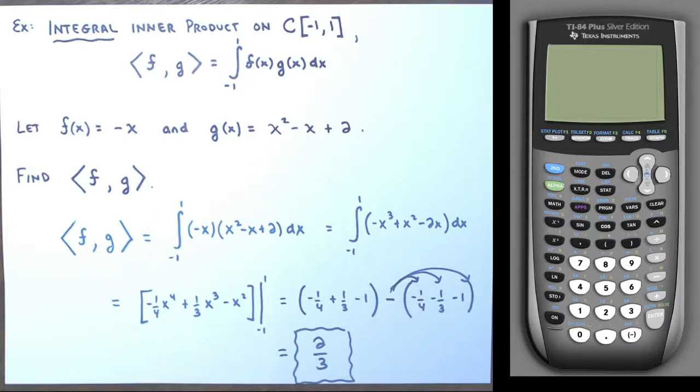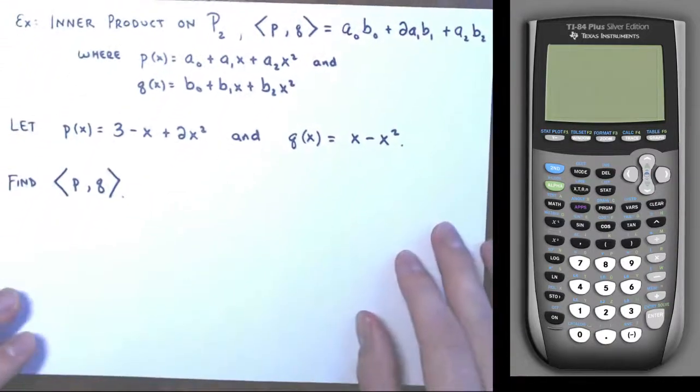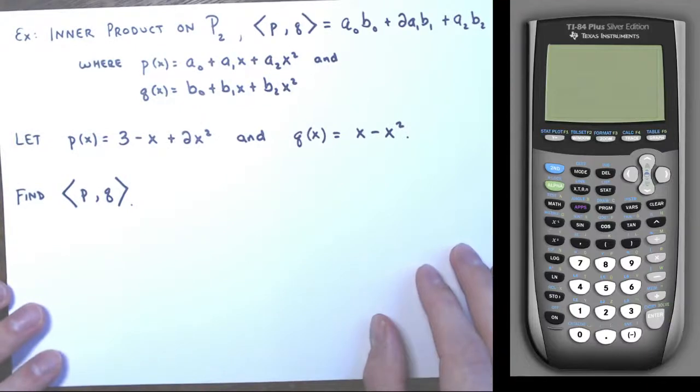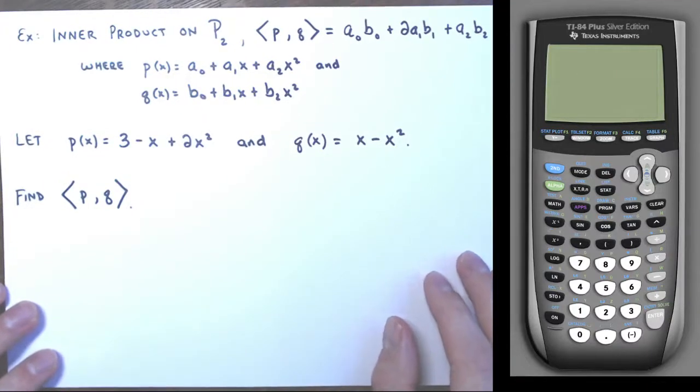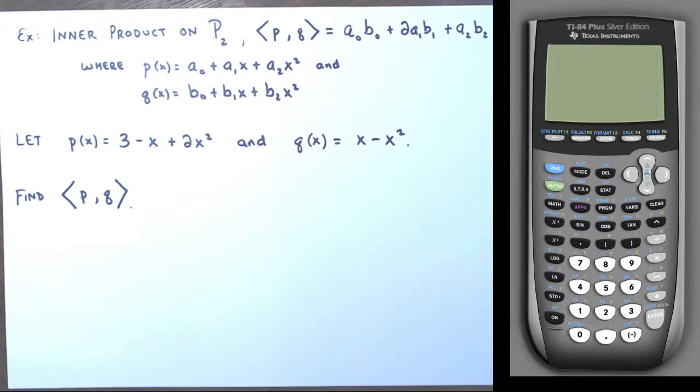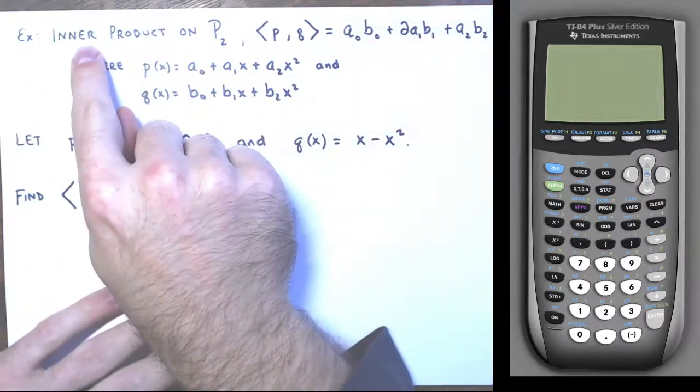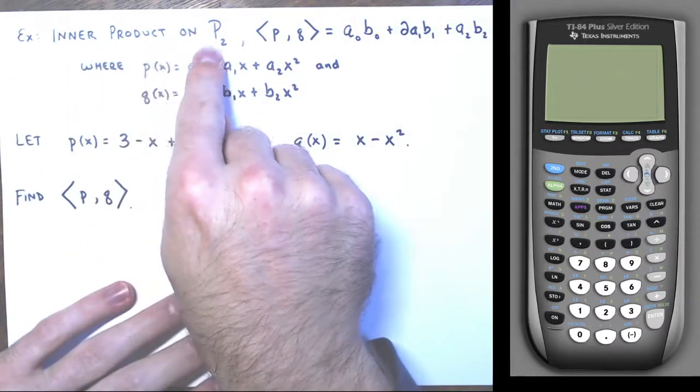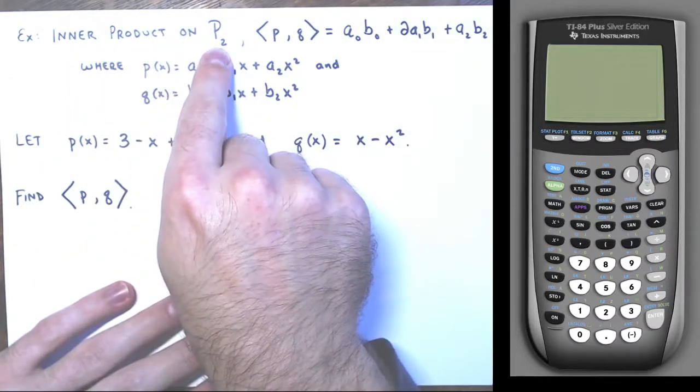Okay, and then one final example. Here's another inner product on a different vector space. I didn't do any inner products on these vector spaces last time, but here's an inner product defined on P2. Remember, this is the set of all polynomials of degree 2 or less.